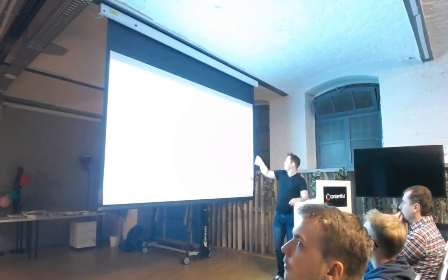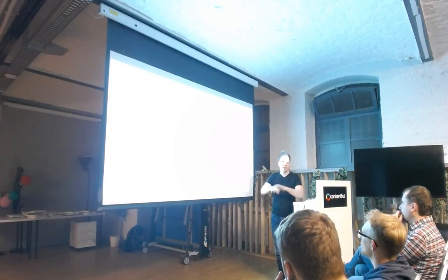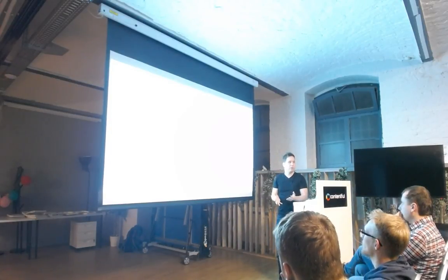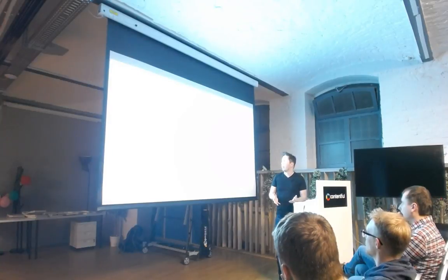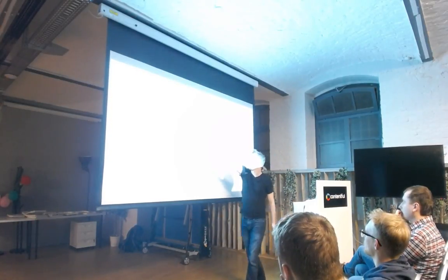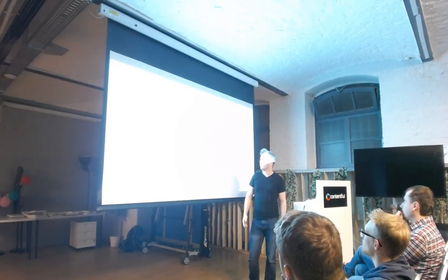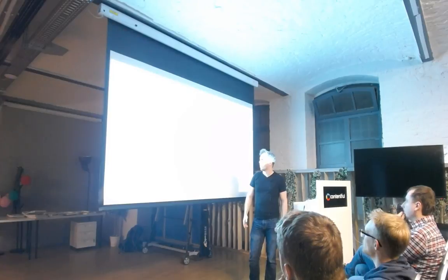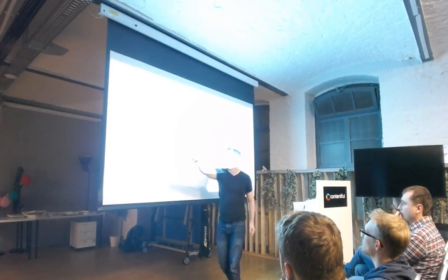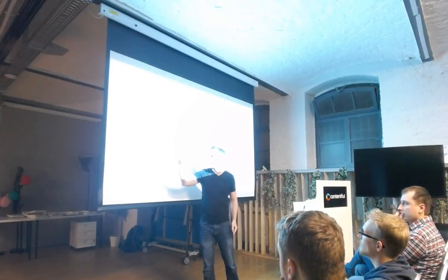Third feature. Can you declare it on top of an existing schema? So you have a schema with a certain amount of types, and now you want to add something on top. Of course you can add a new object type, no problem. You just add it to your schema at the bottom or wherever. You can also add this union here because cat and dog know nothing about this animal type.